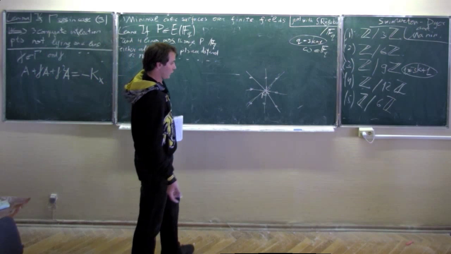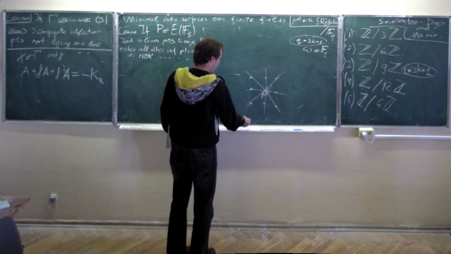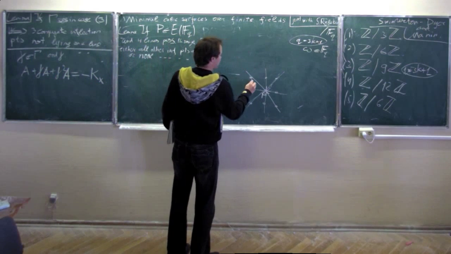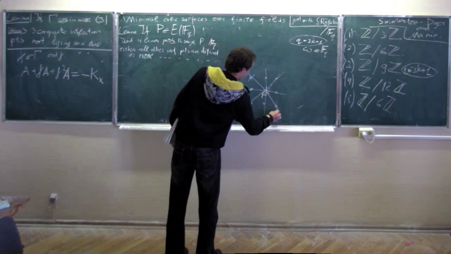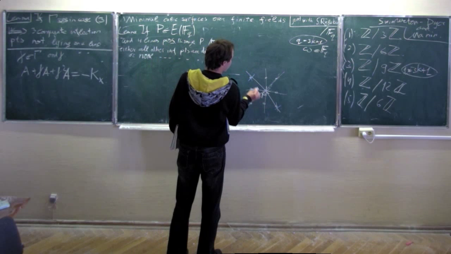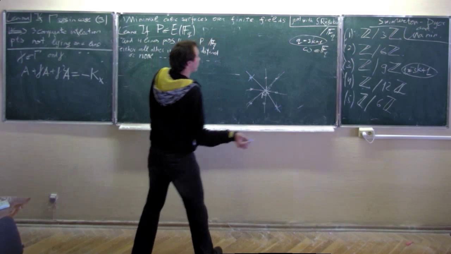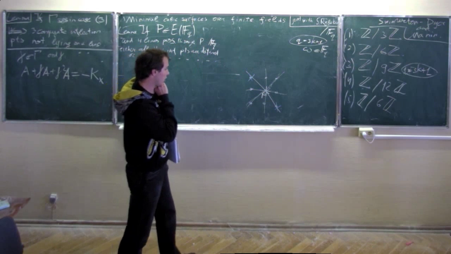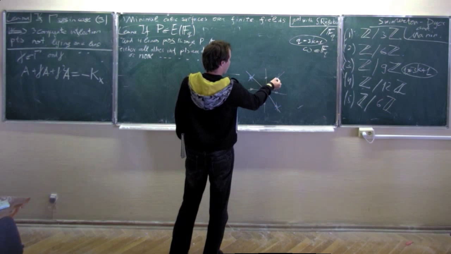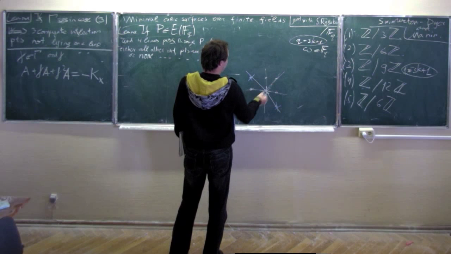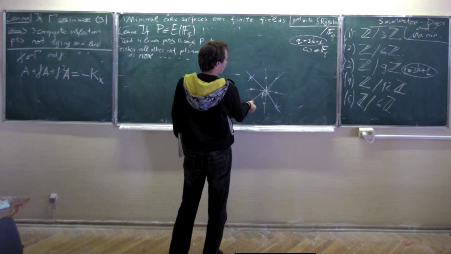Well, let's prove it. Assume that one more point is defined over the ground field. Then this point is defined too, since this and this are defined, and this is the third one. Or what else? We consider any other point and try to map it to something else.